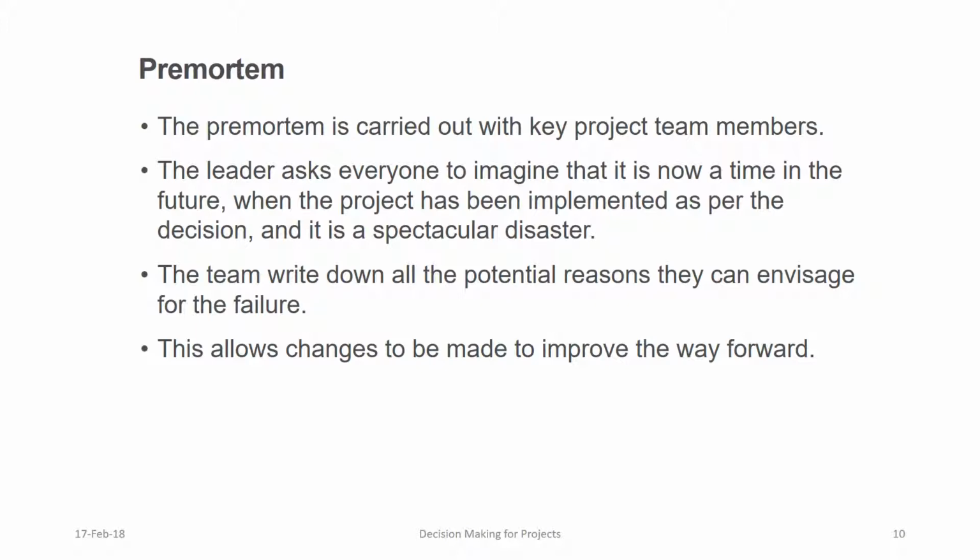The leader then asks each team member to read one reason from their list. Everyone states a different reason until they're all recorded. After the session, these are reviewed, looking for ways to strengthen the planned way forward.